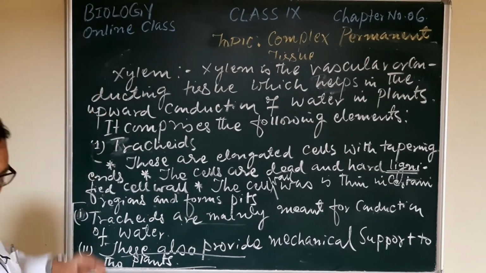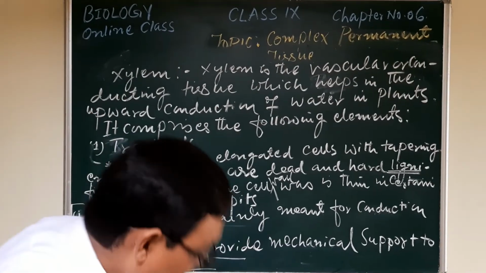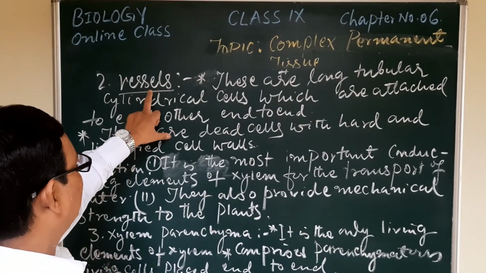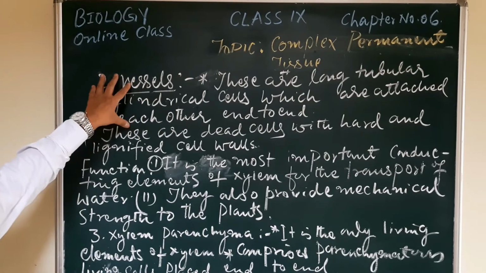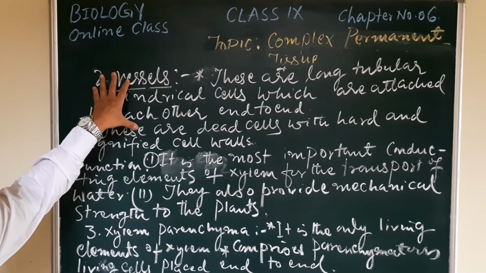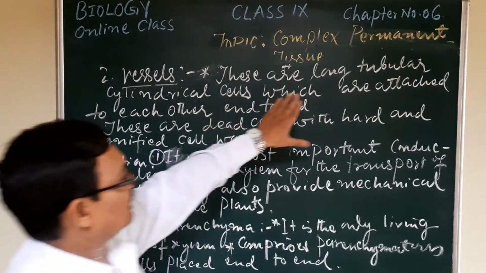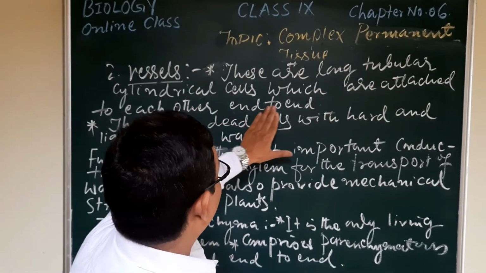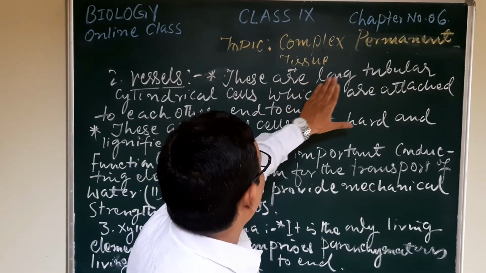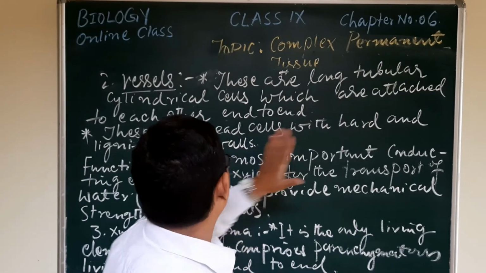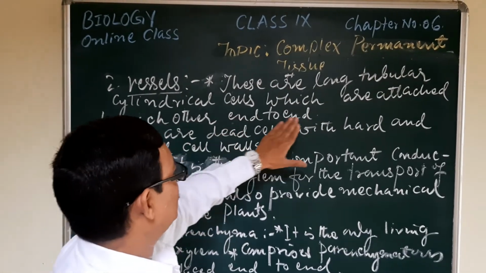Understand? Now the second important element of the xylem is vessels. It is also an important part in regard to the conduction of water. These are long, tubular, cylindrical cells which are attached to each other end to end.